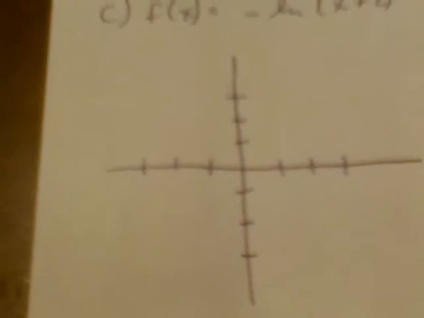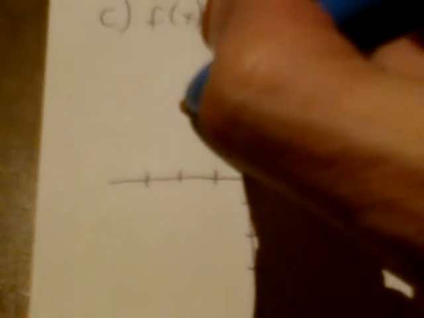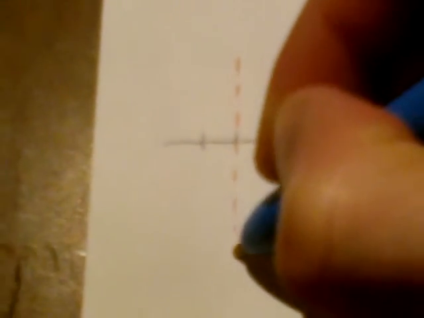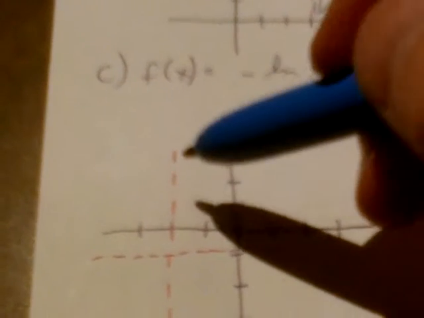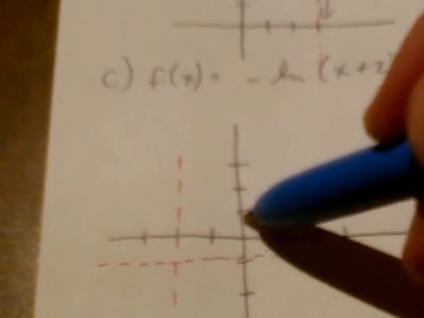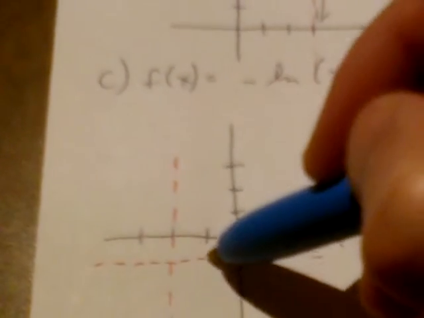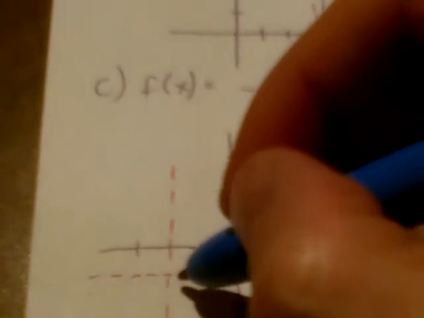So I'm going to put in my new axes. Left 2 and down 1. And we're going to make sure that we flip this graph in the direction of the x-axis. So instead of going up like this, we're going down like this. And again, we're going to go one space over.